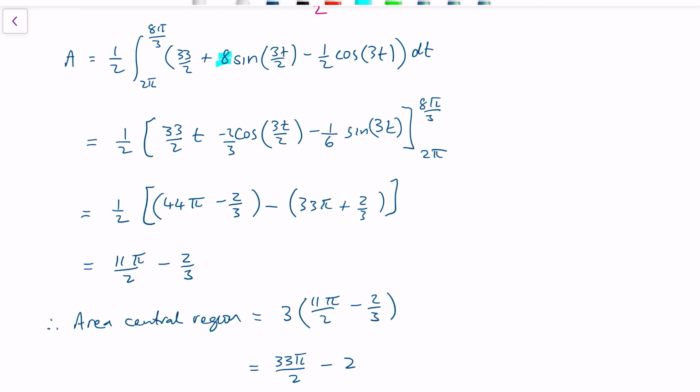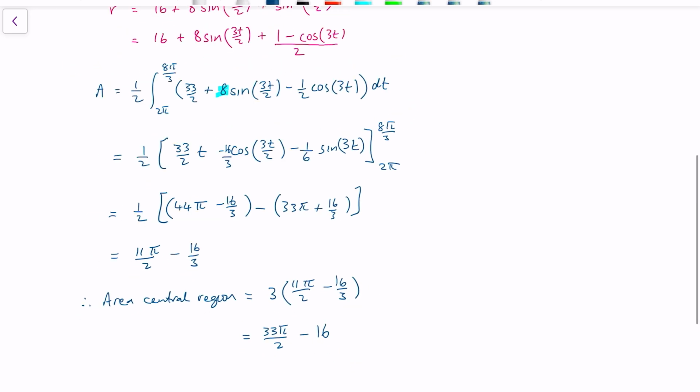Well, I don't know if you spotted it. And so it needs to be minus 16 over 3. And then when we sub that in, it's going to be minus 16. That one there is going to be 16 thirds, and then minus, perfect. Okay, that's what I was expecting to get.